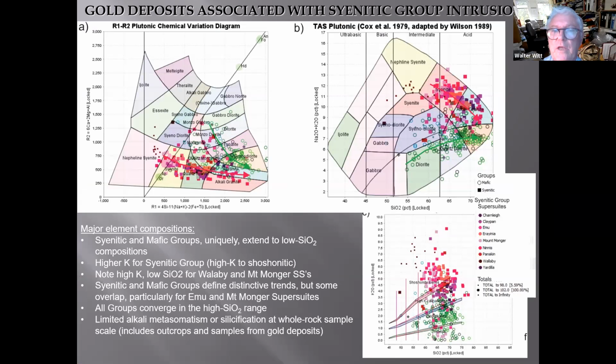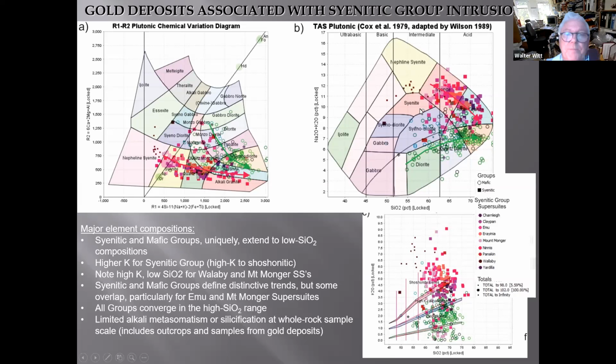And this is in stark contrast to the volumetrically dominant granites in the Eastern Goldfields, the low calcium and high calcium groups, which plot in the high silica range up here, in the upper 60s to lower 70% silica. However, the mafic group intrusions are distinguished from the syenitic group intrusions by lower potassium, and the syenitic group intrusions plot in the high potassium calc-alkaline field and shoshonite field on this K2O versus silica plot.